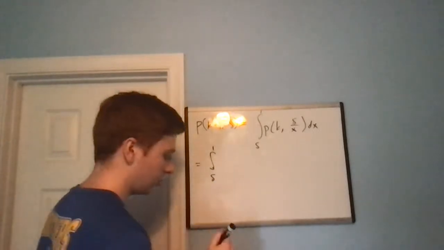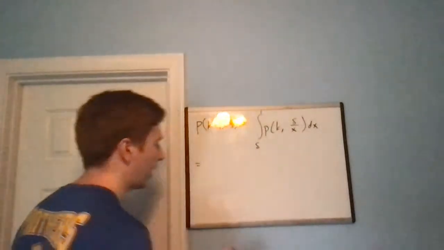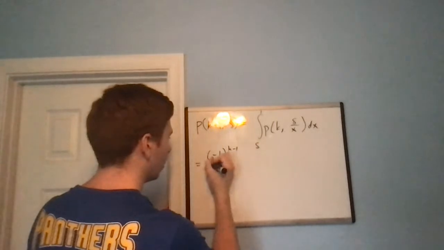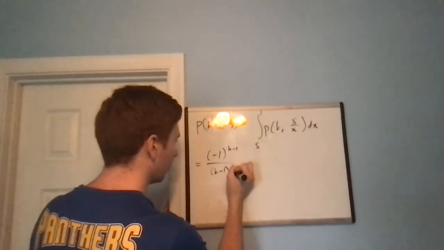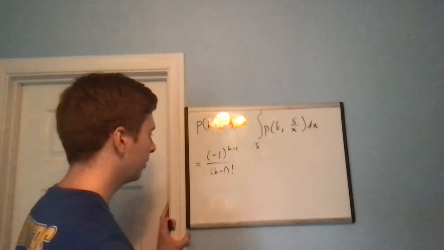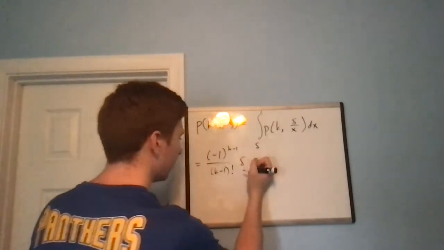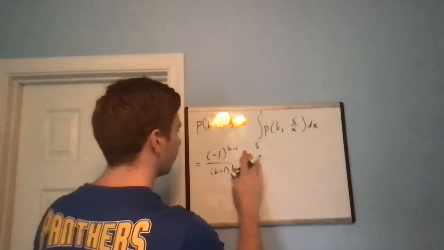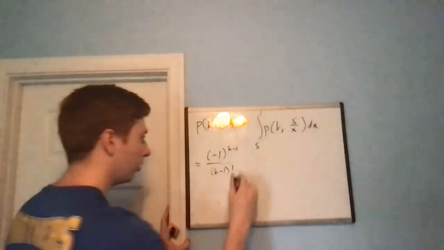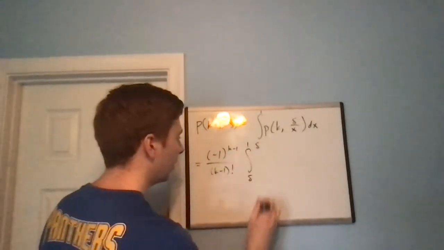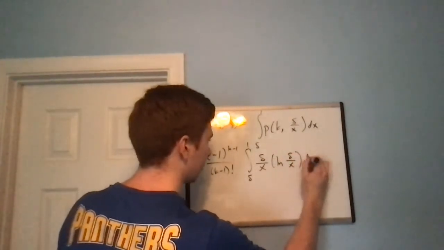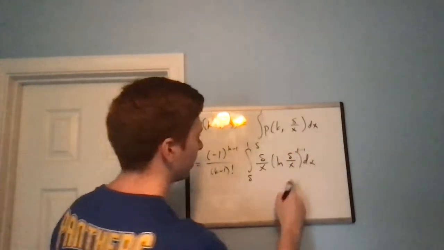I'm going to plug it in and also pull out the non-x dependent terms. So we get (-1)^(k-1) over (k-1) factorial times delta, then we're integrating from delta to 1, and it becomes delta over x times ln delta over x to the k minus 1 dx.